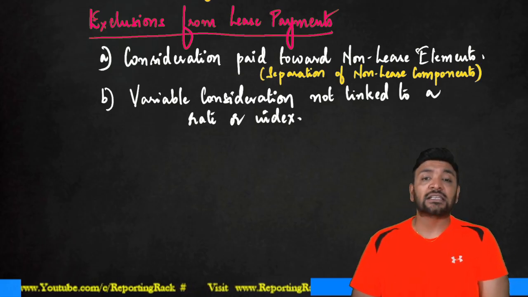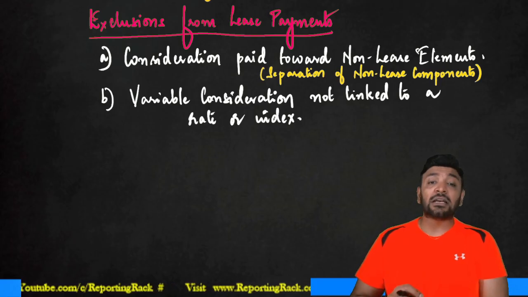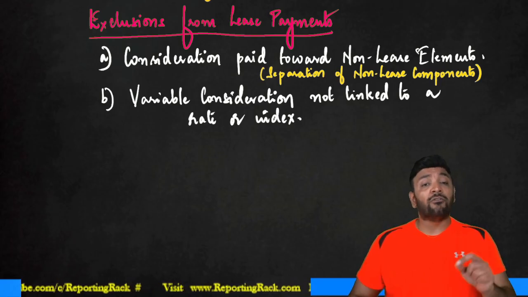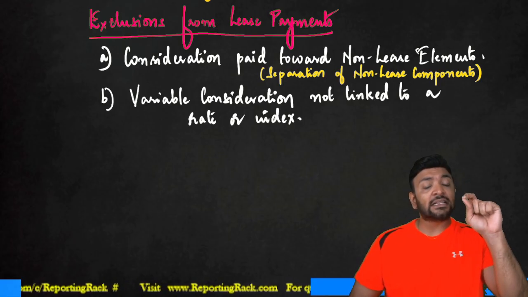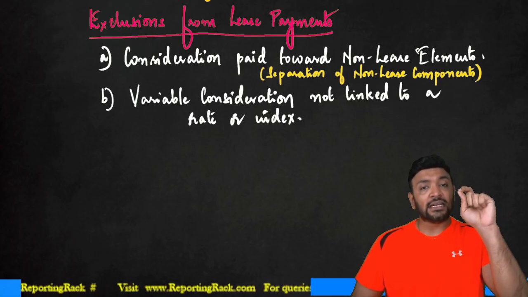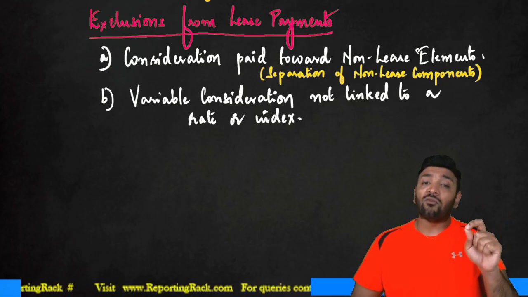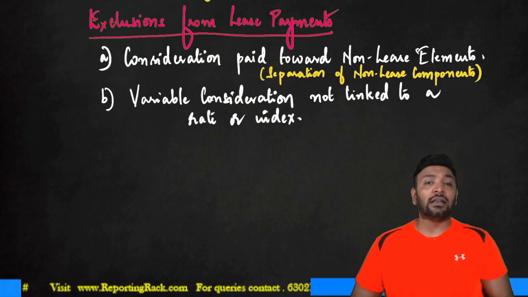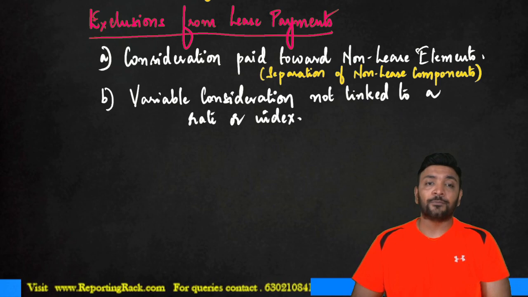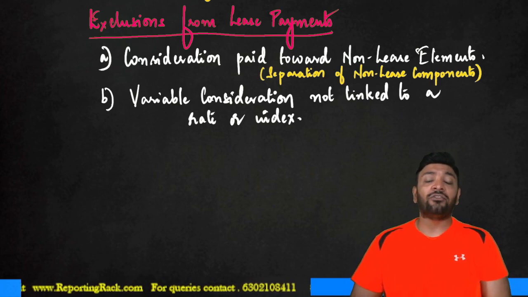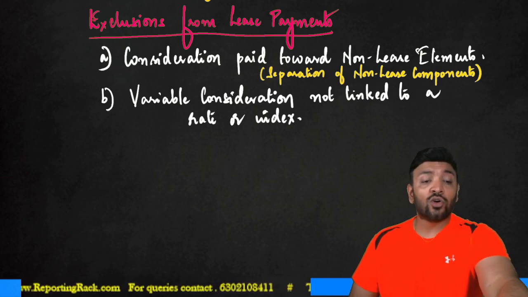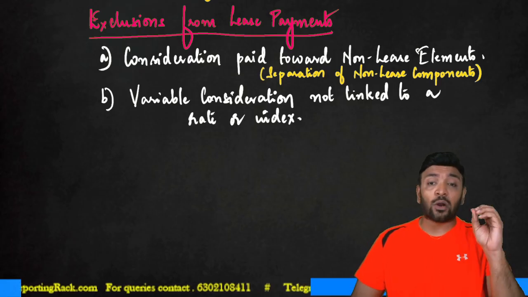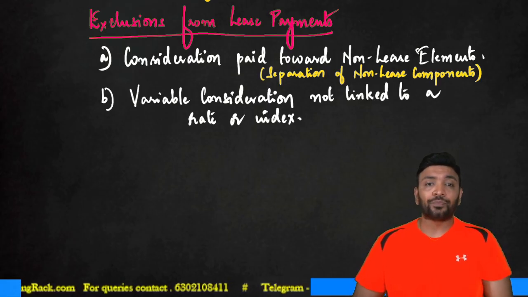We have already discussed this concept. And variable consideration also we have discussed. Variable payments of lease rentals linked to a rate or index is included in your lease payments, while those which are not linked to a rate or index are excluded in determination of lease payments. That will bring us to the end of discussion regarding lease payments. Only the exclusion part which was left out, I am discussing right now.